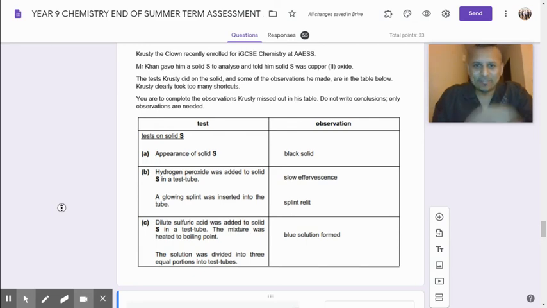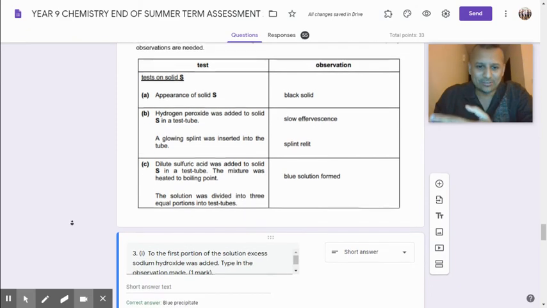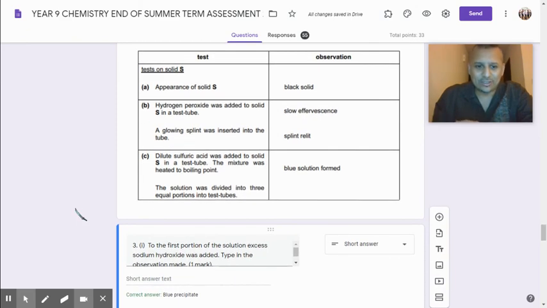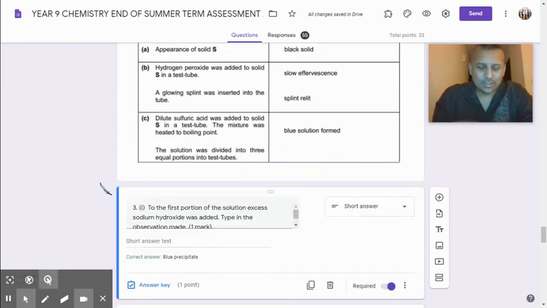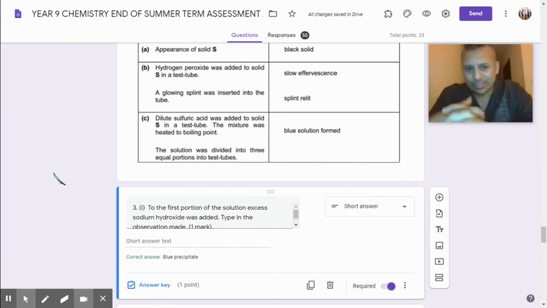But so we have solid S, which is copper oxide. If you add the sodium hydroxide to it, you should get a blue precipitate. The key to this question was to understand that the solution that's being tested is actually the solution that's being produced as a result of the experiment that's happening in step C. So copper oxide is being reacted with sulfuric acid, which is actually something that you would have come across in key stage 3.